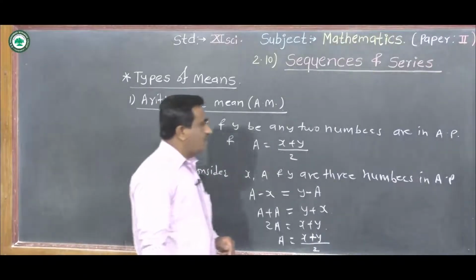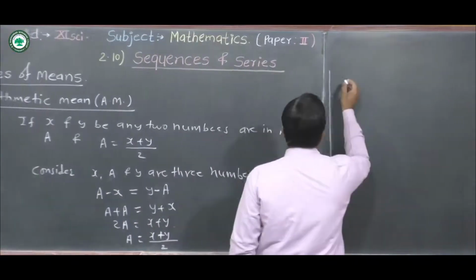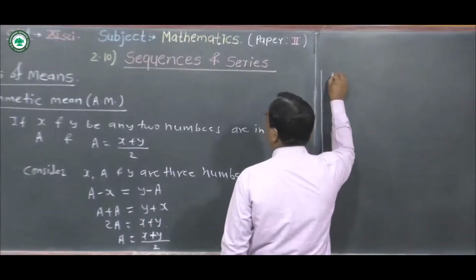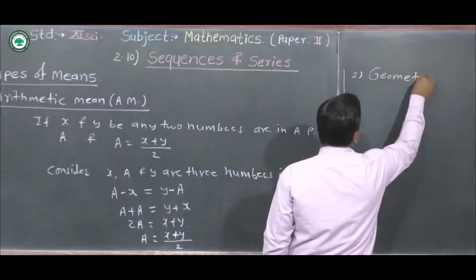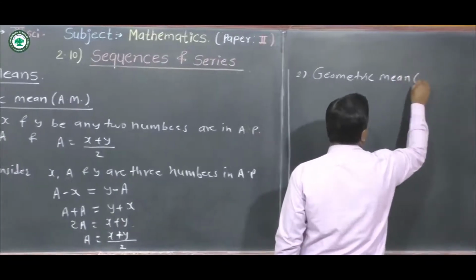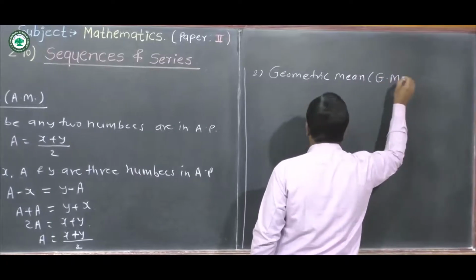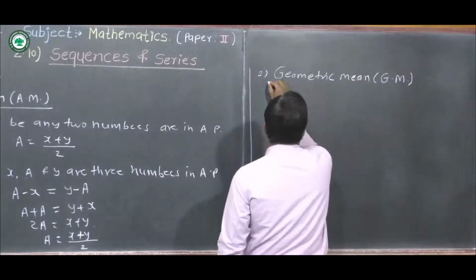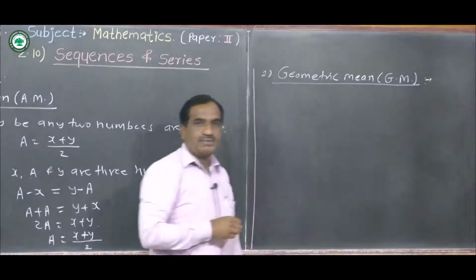Okay. Now we see the second type, geometric mean. In short, this can be written as GM. Now here also we consider any two numbers in GP.